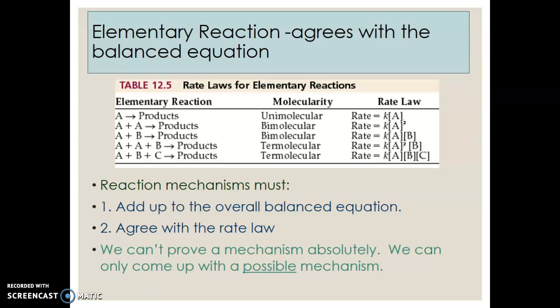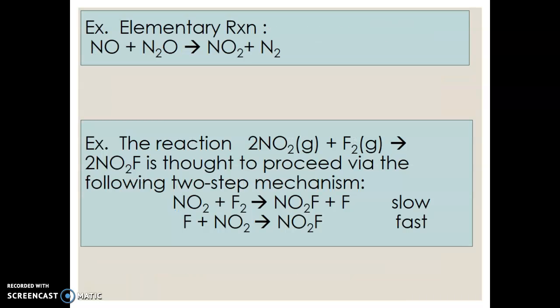The thing is that we can't prove a mechanism absolutely. We can only come up with a possible mechanism. So here we have the elementary reaction, NO plus N2O yields NO2 plus N2.